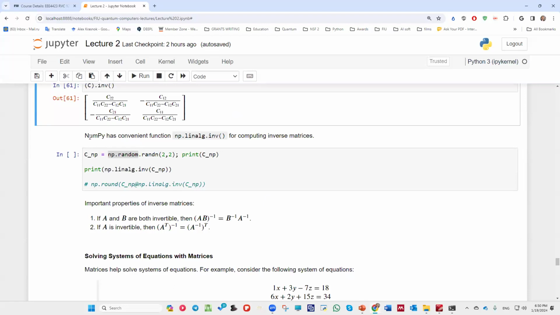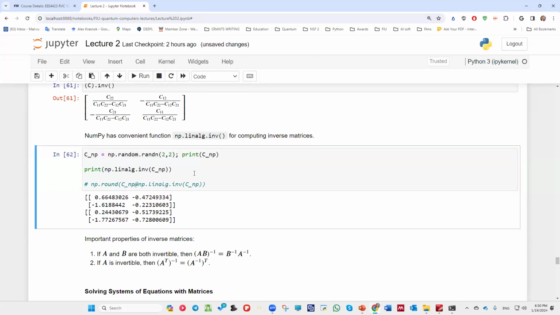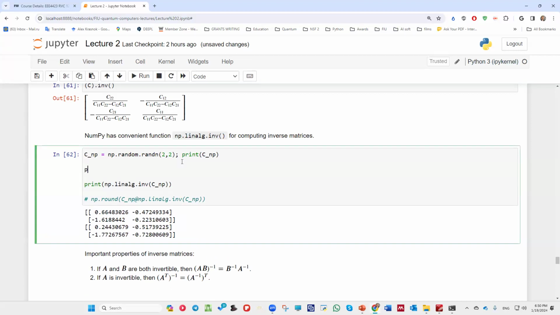Yeah, for inversion, NumPy has this function np.linalg.inv over here. Again, no need to memorize all these functions. It comes to you with practice. Of course, Googling helps all the time.